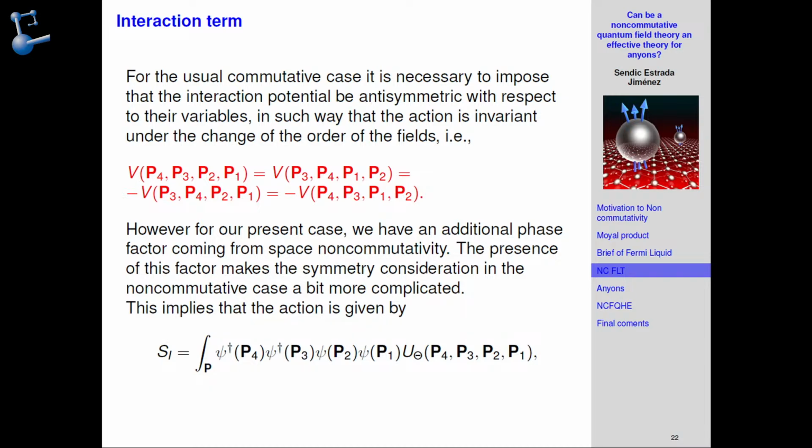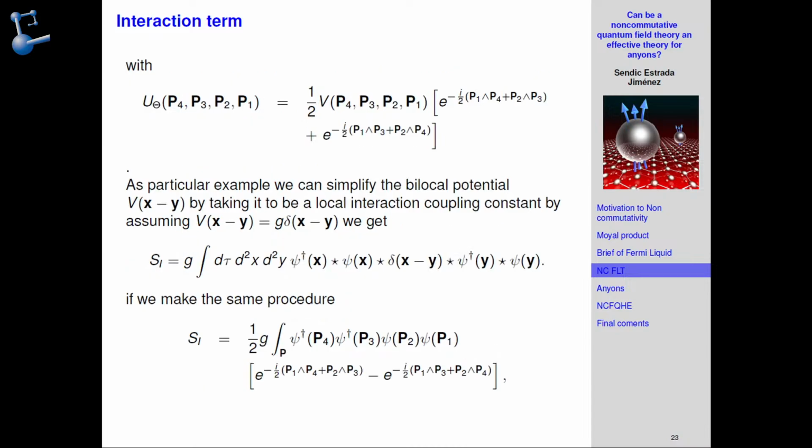The presence of this factor makes the symmetry consideration in the non-commutative case a bit more complicated. That implies that in the action we can write the potential U with two phase terms.